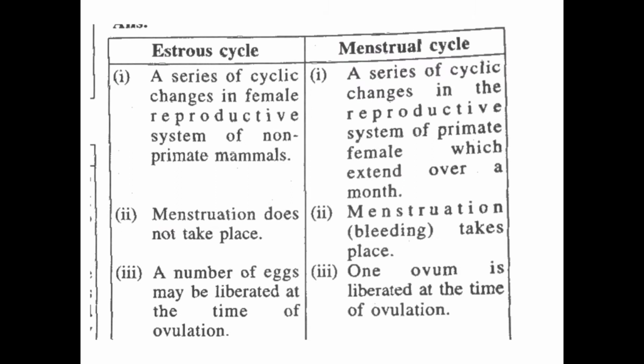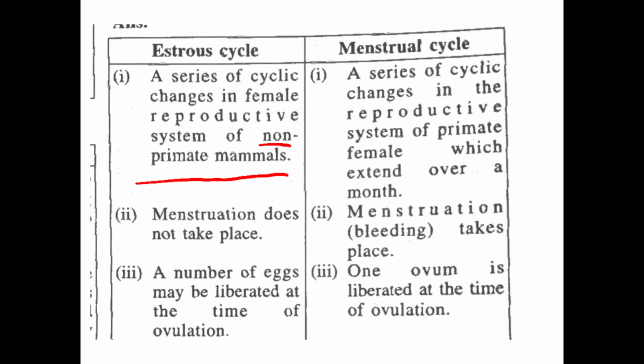Then oestrous cycle and menstrual cycle. What is the difference between oestrous cycle and menstrual cycle? The oestrous cycle is a series of cyclic changes in the female reproductive system of non-primate mammals, whereas the menstrual cycle is present in primate mammals.